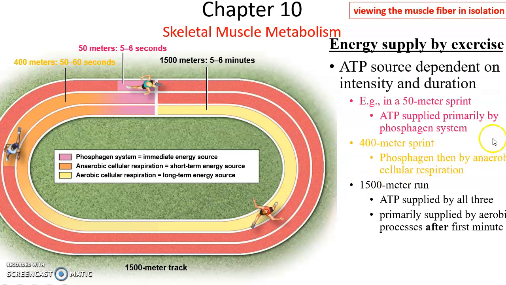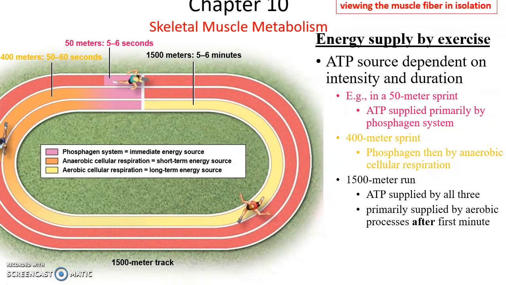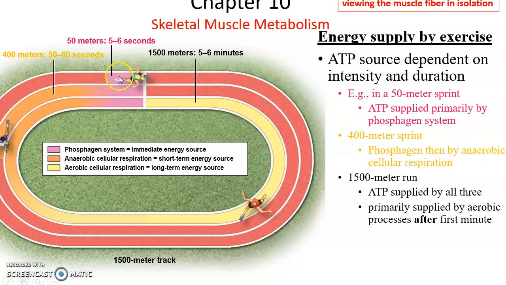All right, so the basic idea is that in isolation, the muscle can do a quick sprint using the phosphagen system, the immediate reuse of ATP. It can have a longer sprint, say a 400-meter sprint, if it's also using anaerobic respiration on top of the phosphagen system.